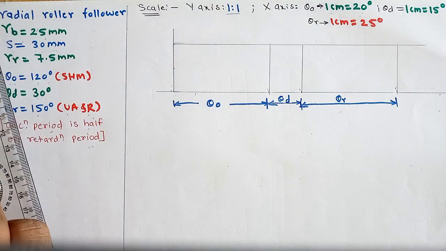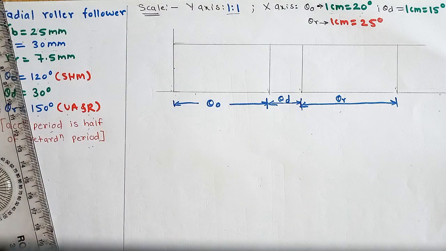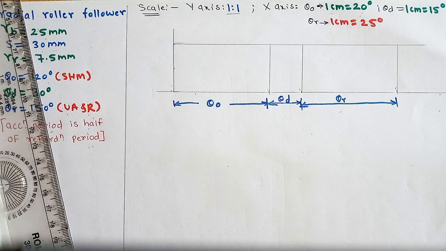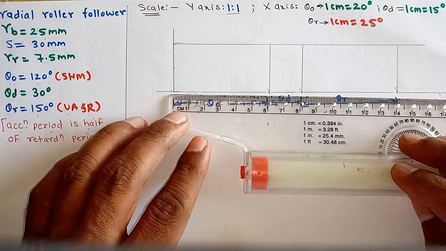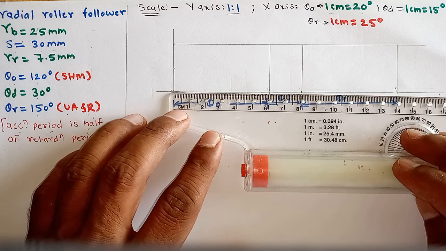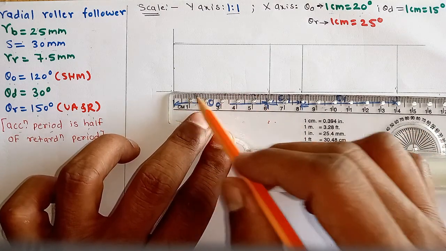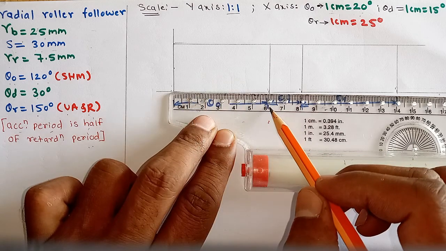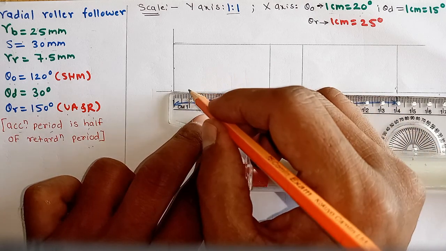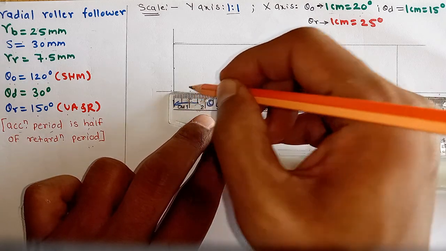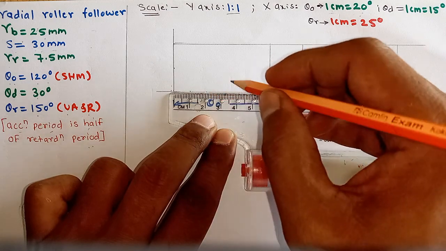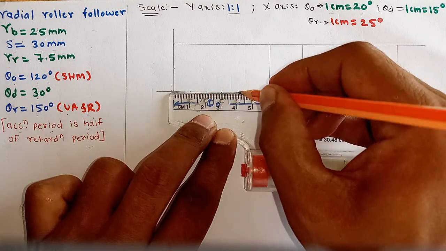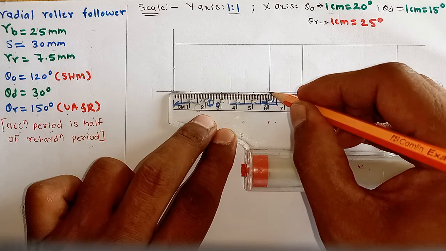Now we divide the outstroke angle and return stroke angle into 6 equal segments. So outstroke angle is 6 centimeters representing 120 degrees. So I will divide it into 6 equal parts, one division of 1 centimeter. So 1, 2, 3, 4, 5 and 6.